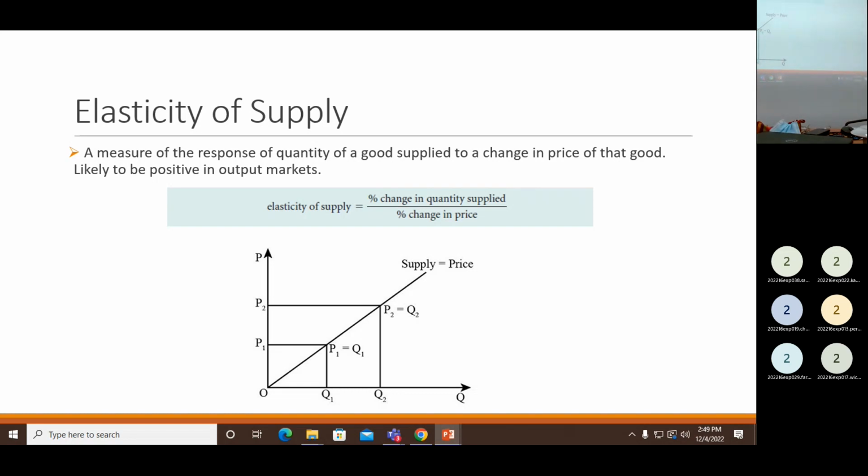So always price elasticity of supply will have what sort of value? Positive value. PES will always be a positive value. PED will be a negative value. PES will be a positive value, right? So when you calculate elastic supply, it will always have a plus sign.